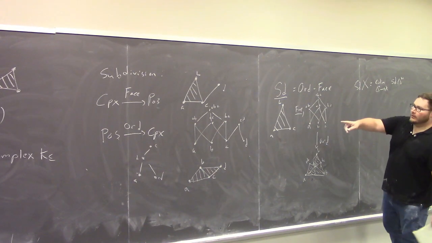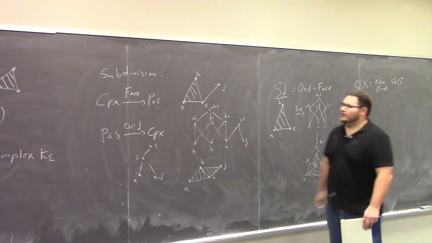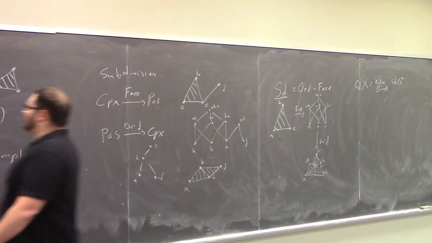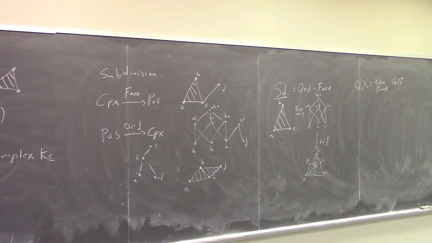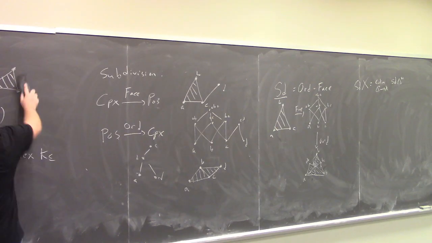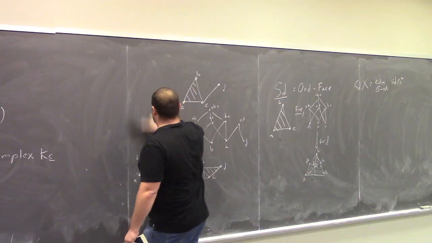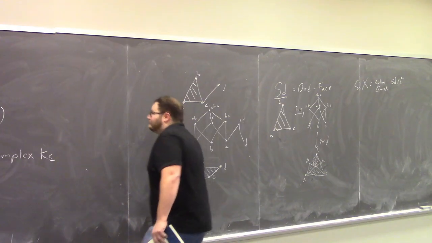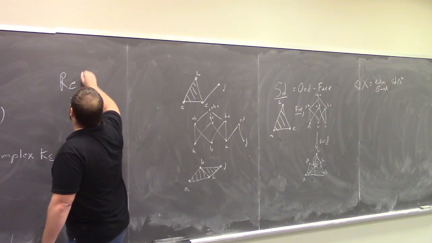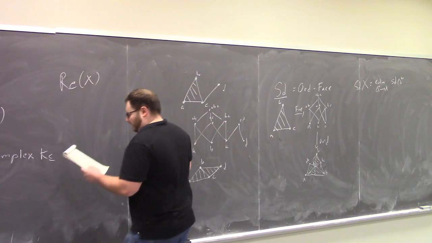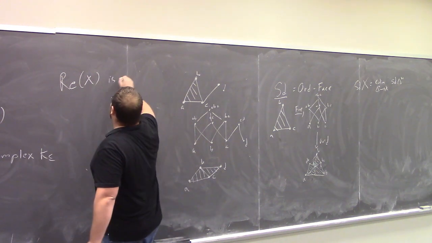Okay, so before I have this functor Sing, now I want to describe its left adjoint, realization. I'm given a simplicial set and I want to get a simplicial complex out of it. So realization of a simplicial set is a simplicial complex.